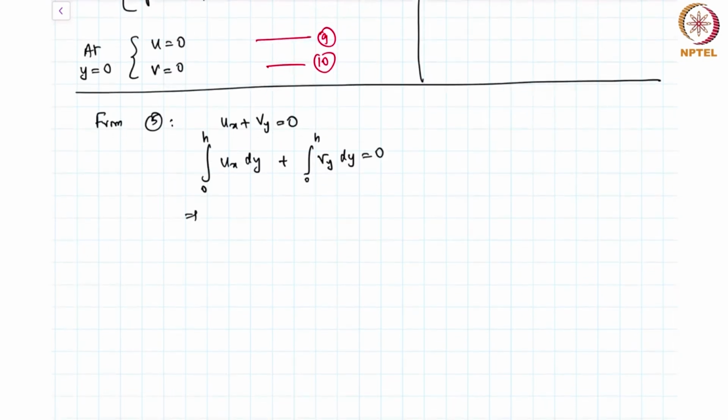I simply have integral from 0 to h of ux dy plus v at y equal to h is 0, right?